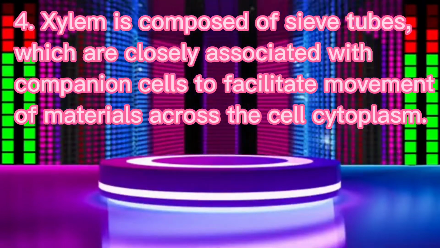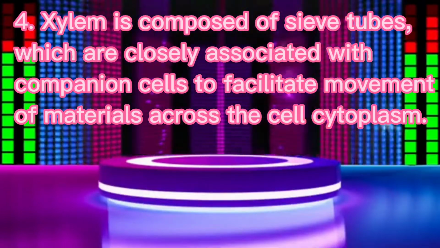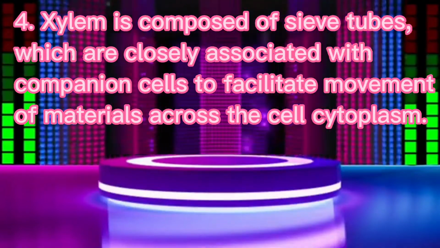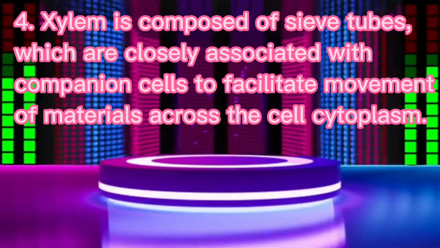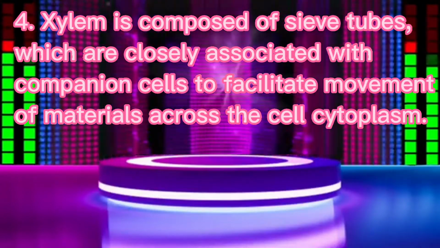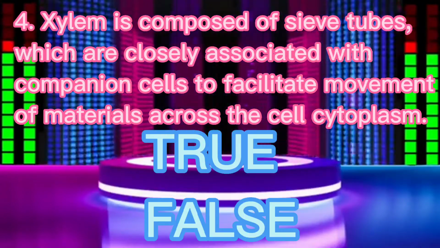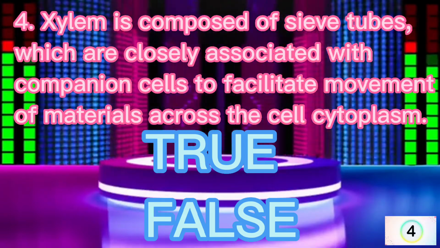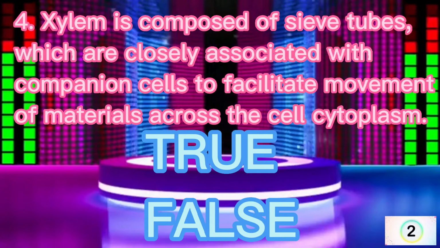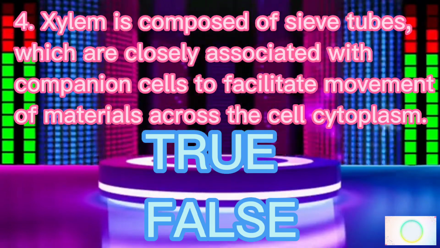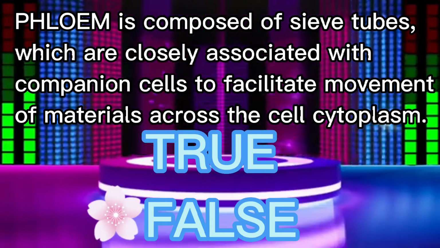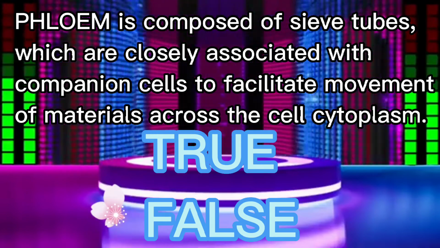Xylem is composed of sieve tubes, which are closely associated with companion cells to facilitate movement of materials across the cell cytoplasm. Is it true or false? The answer is false. Xylem should be phloem.